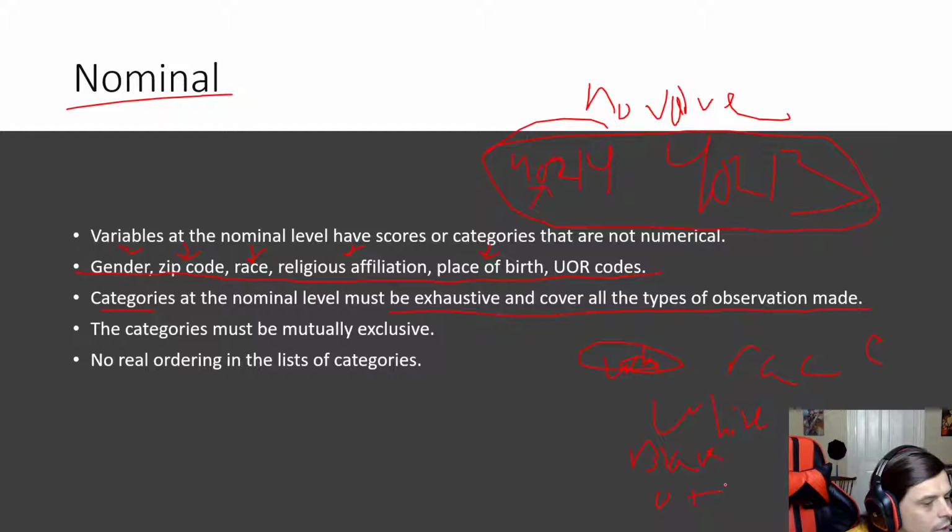This other option makes it exhaustive because everyone can still answer into other. The categories must also be mutually exclusive, which means everything is different. You can't list white twice. So no real ordering in the list of categories.